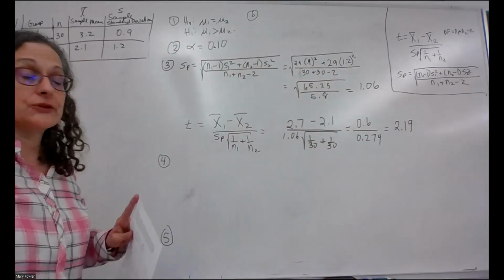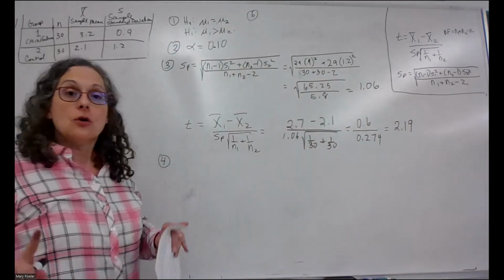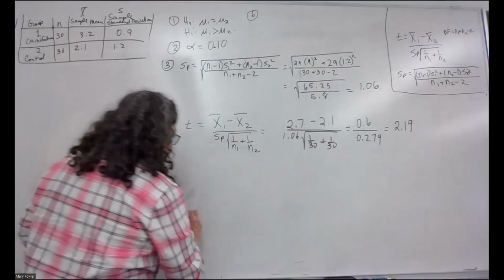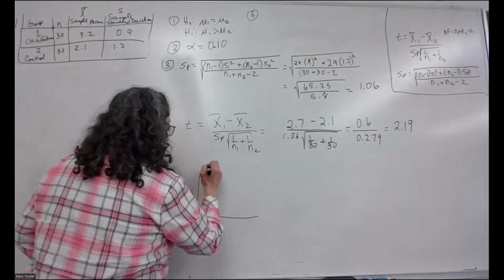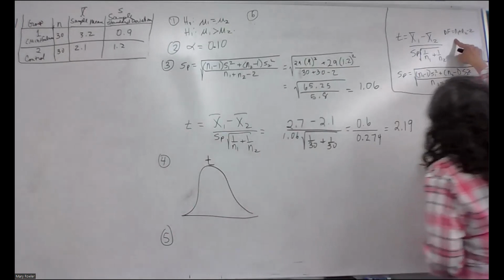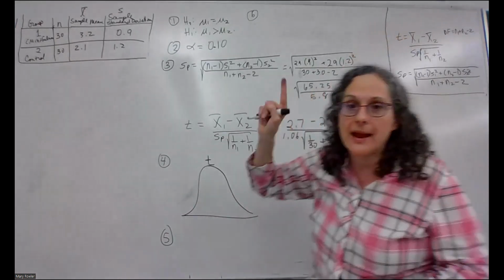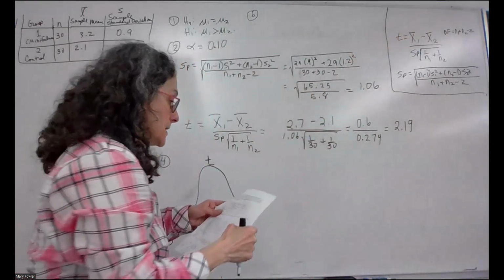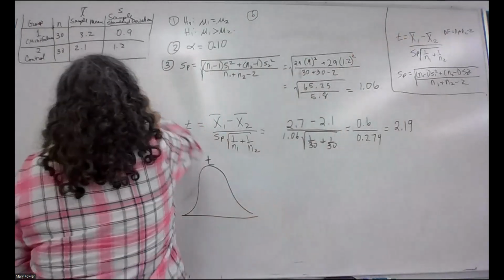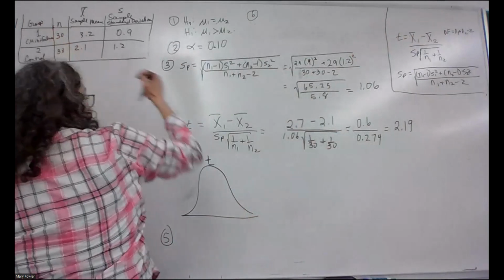So now we need to work on step 4, which is the rejection, non-rejection region. So we're going to determine the rejection, non-rejection region. This is a T curve with N1 plus N2 minus 2 degrees of freedom. So that is 30 plus 30, 60 minus 2.